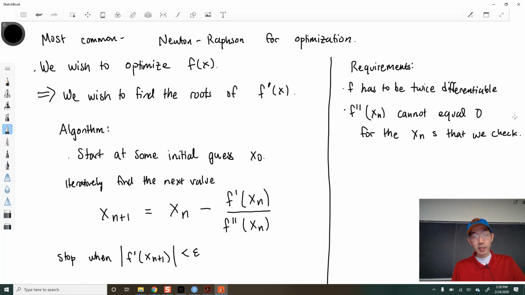It can be 0 in certain locations, just not at the locations that happen to be in our path, right?